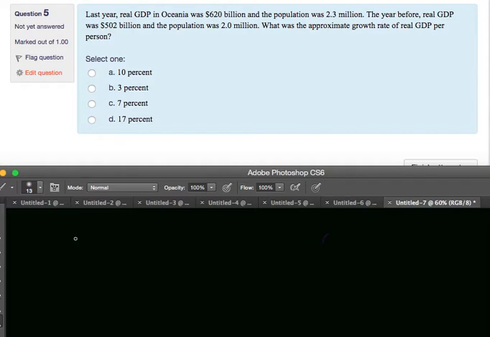So what was GDP per person in the initial year? Well, if I say 502 billion, if I wanted to put it in millions, I can as well. It doesn't really matter because I'm just comparing the two, but to make it precise, let's say this is 502,000 million, which is 502 billion, over this 2 million for this first year.